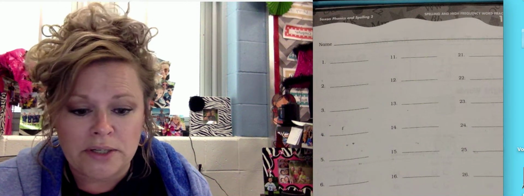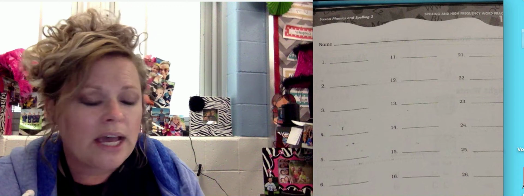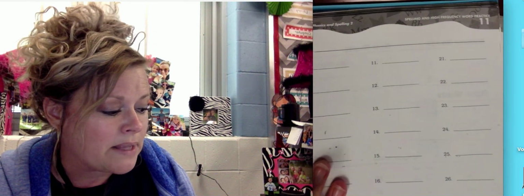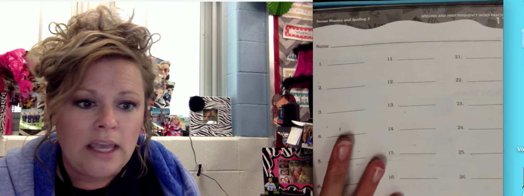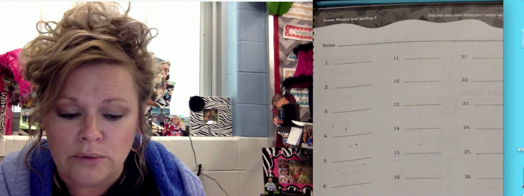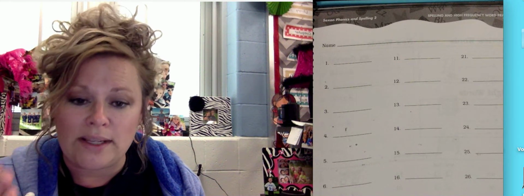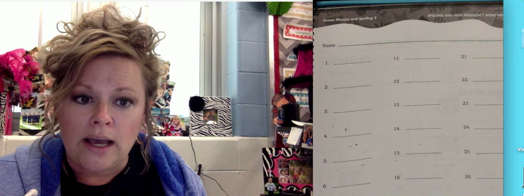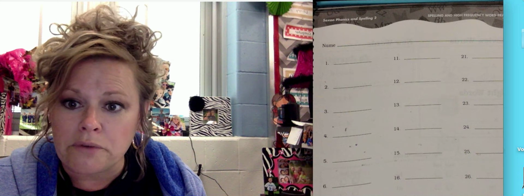And hopefully you watched the card deck video for your letters, your picture cards, and your sight words. I'm on Spelling and High Frequency Word Practice 11, and you'll see that there are 30 different blanks here. This is used to go through the letter cards and talk about what letter represents each sound. A lot of the kiddos are really comfortable with this at this point.